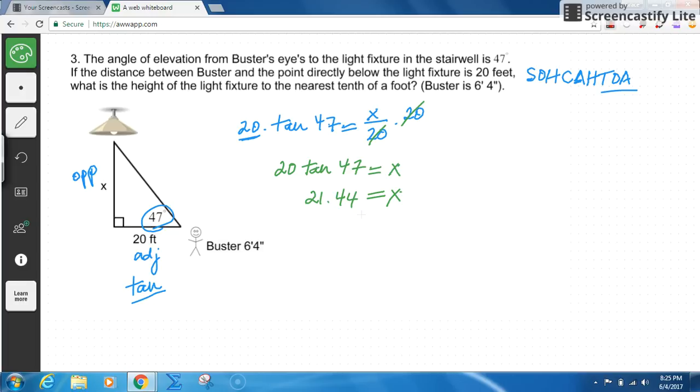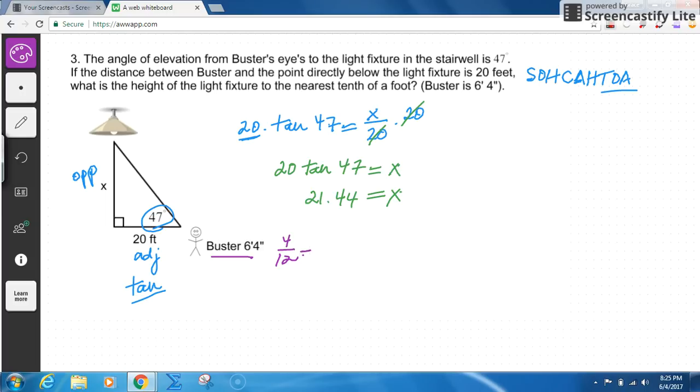Now there's a reason I want us to do this. We still have to take into account Buster's height at 6 foot 4 inches. Now we have 6 foot 4 inches for height here, and we have 21.44 here, and we're rounding a number. So let's convert 6 foot 4 inches into a decimal. So this is 4 inches, and there's 12 inches in a foot.